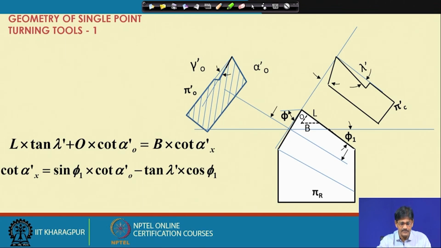Negative rake ensures that there will be no tensile forces on the tool body.